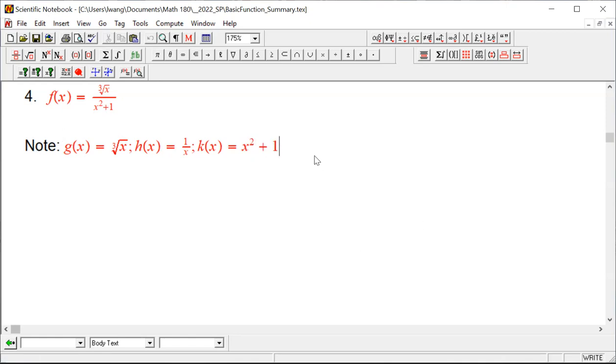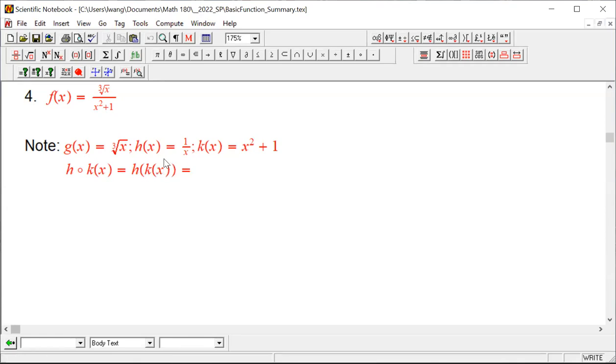So let's see how we're going to compose it. How do we compose g, h, k? Let's do it for the fun of it. So h composite k, k of x, that's going to be h of k of x.